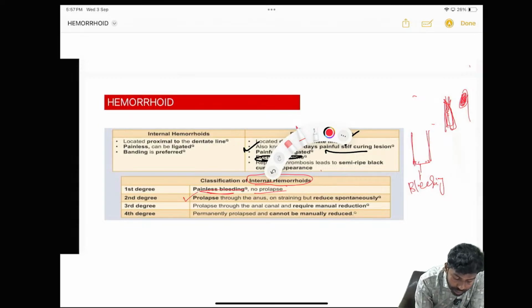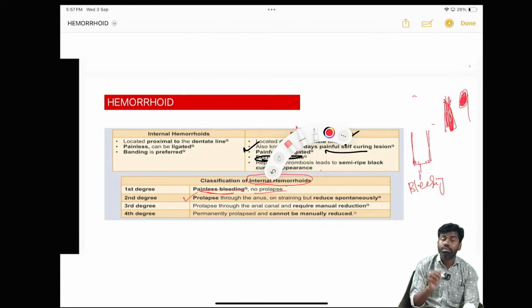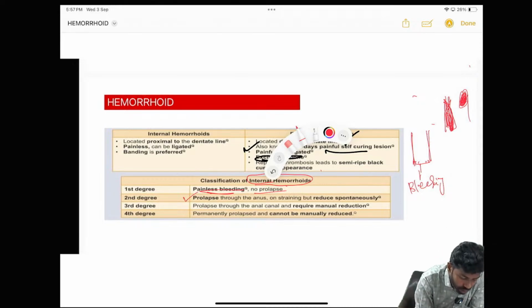So the prolapse occurs on straining, but once straining is off, it goes back to normal. It reduces spontaneously. That is grade 2, or second degree.